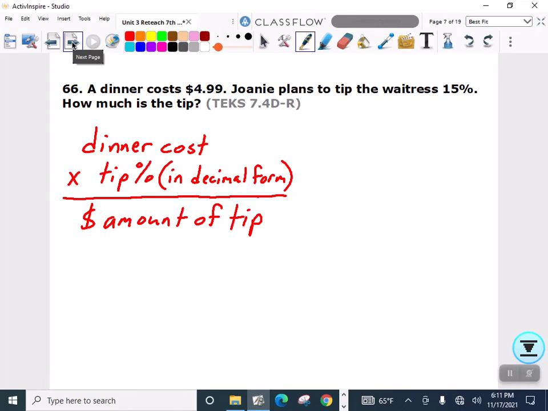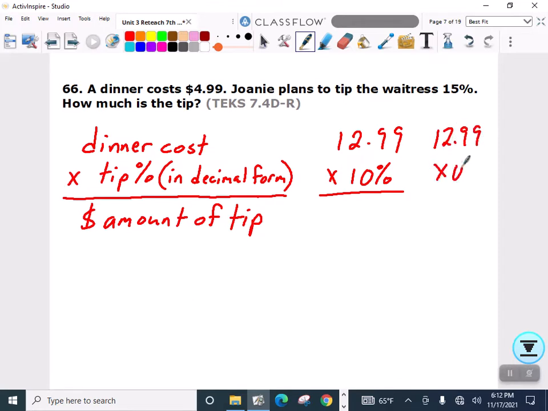Okay, here we have a dinner. Costs $4.99. 15% tip. How much is the tip? Well, you take the dinner cost. All right. Let's say the dinner cost was $12.99, and then we're going to tip, we'll say 10%. So, well, we can't multiply with a percent, so convert that to a decimal.